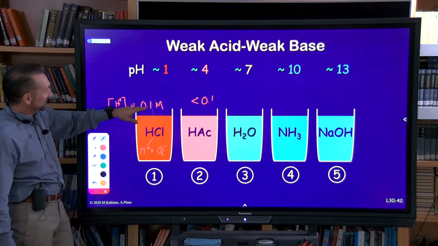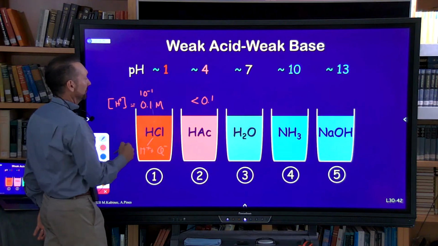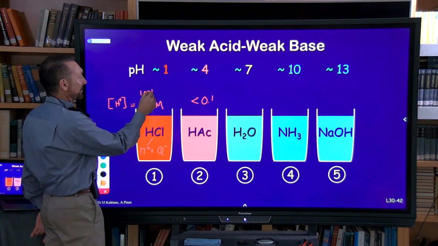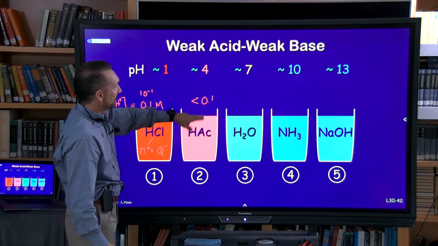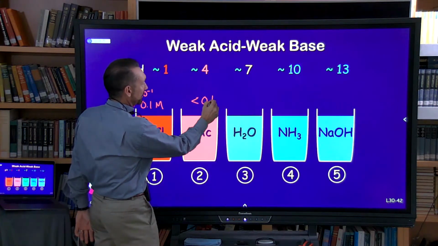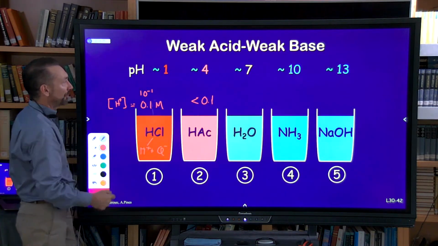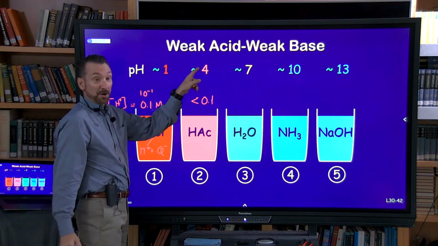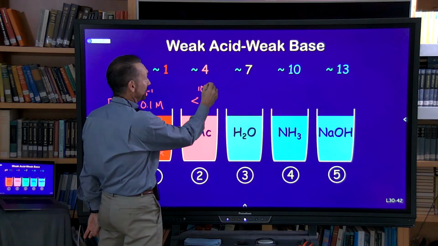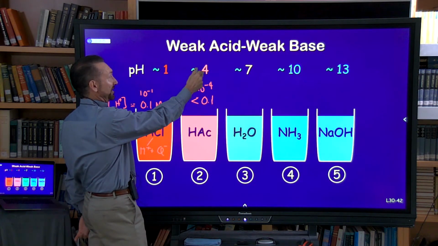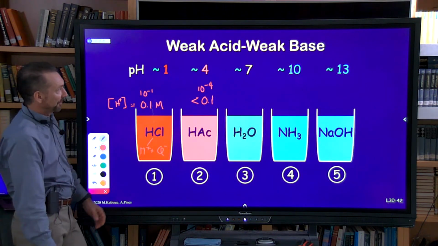We get the pH exactly here because this is 10 to the minus 1. So minus log of 10 to the minus 1 is 1. So that's the pH. Here, we know the H3O plus concentration is less than 0.1. If that's the pH, we know what it is. The H3O plus concentration is 10 to the minus 4. That's what the pH is. 10 to the minus pH is the H3O plus concentration.